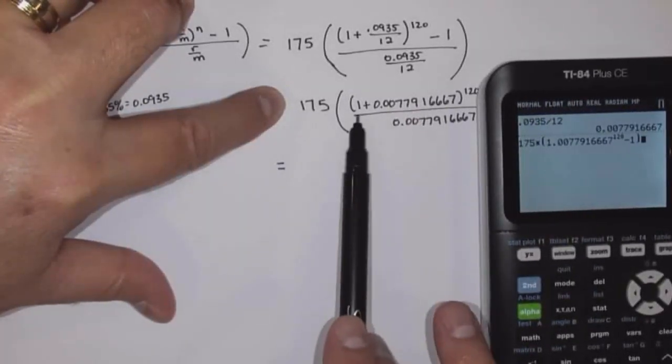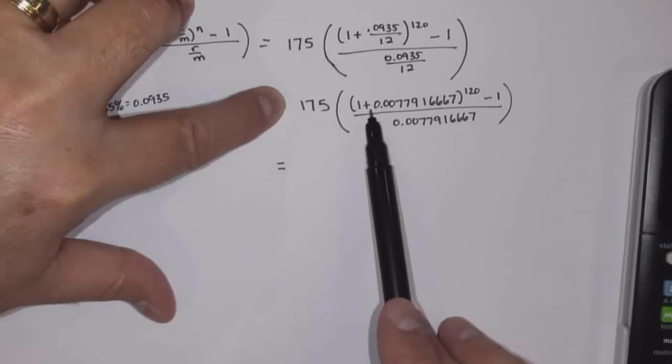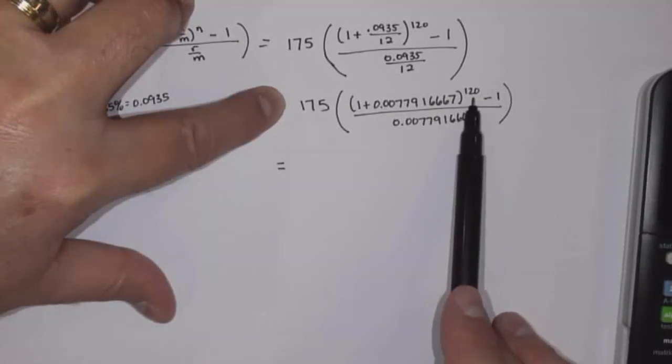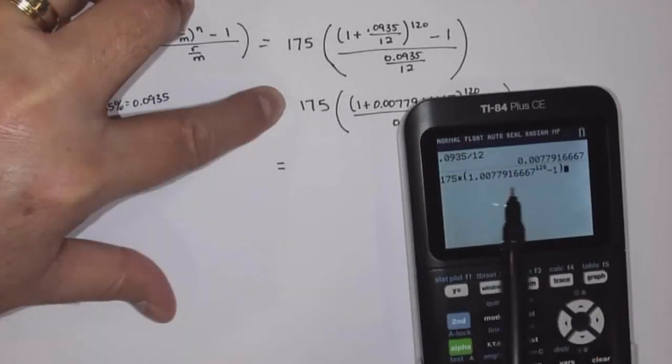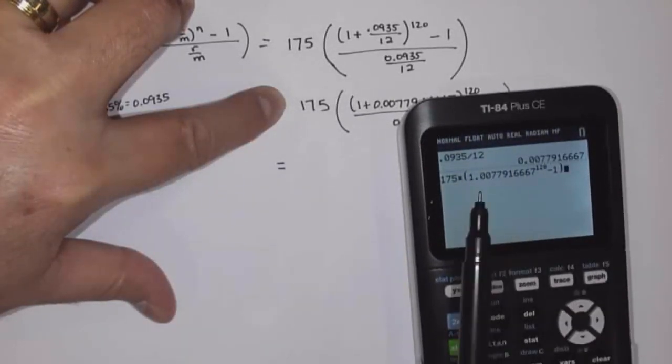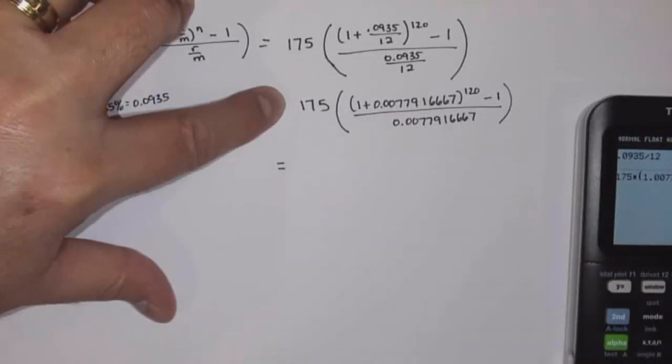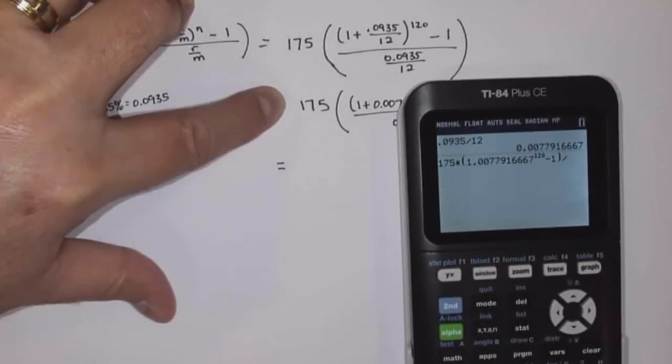So again, this is 1.0077916667 raised to the 120th, so I just entered that all as one number there, minus 1. Notice I put that all in parentheses because that is my numerator. And then I need to divide that by my denominator, which is 0.0077916667.